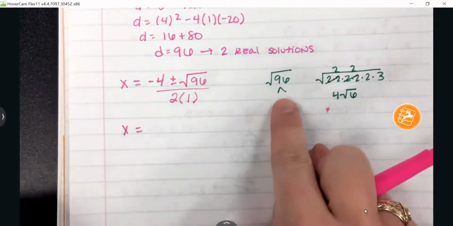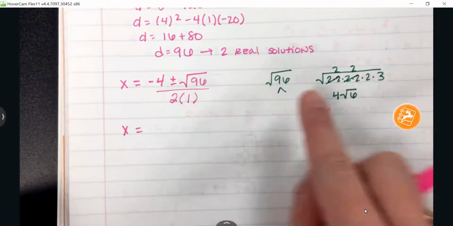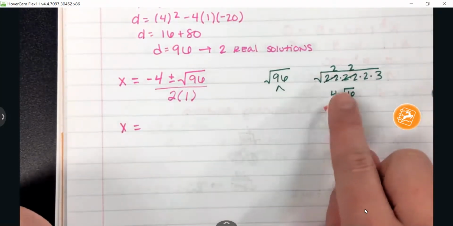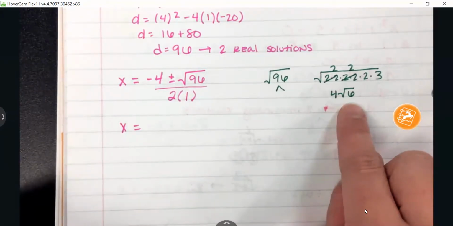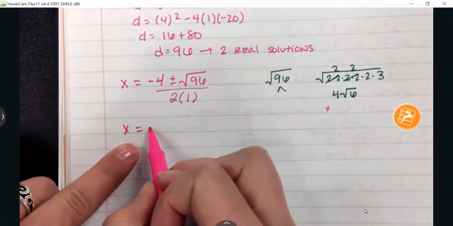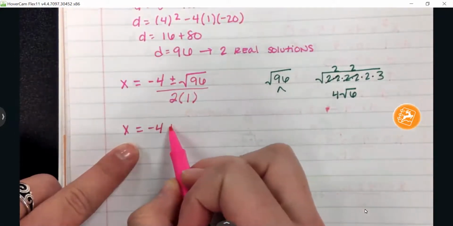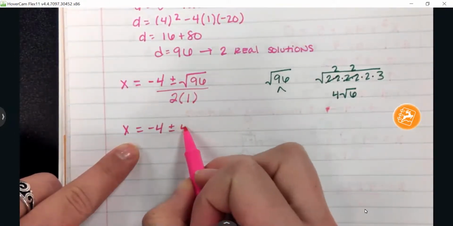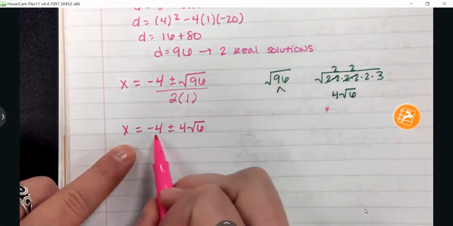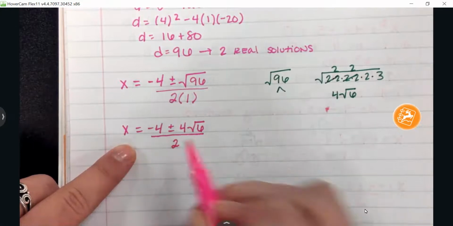Once I break my 96 down and I get 4 square roots of 6, did anybody else get 4 square roots of 6? Okay, then let's go replace it in my equation. So I have a negative 4 plus or minus 4 square root of 6, all divided by 2.